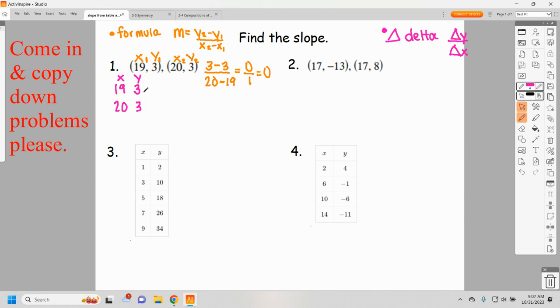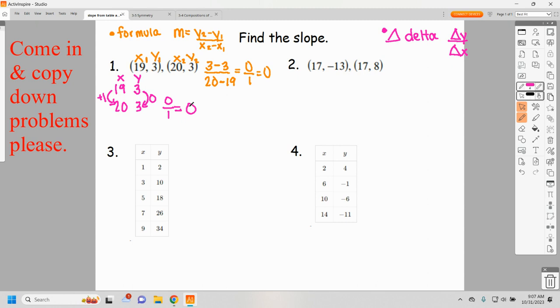So if I look from 3 to 3, I didn't go up or down. My change is 0. From 19 to 20, I went up 1, so a positive 1. And then I put the change in the y answer over the change in the x. So 0 over 1, which once again equals 0.